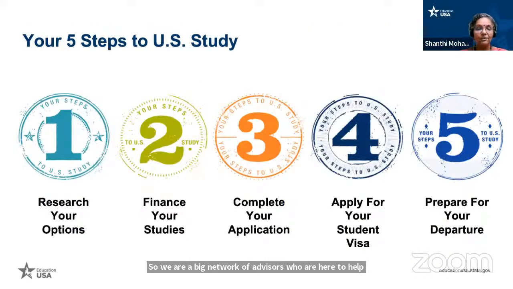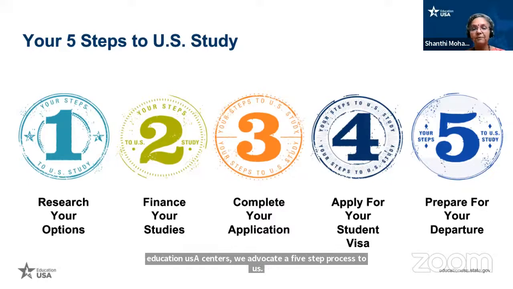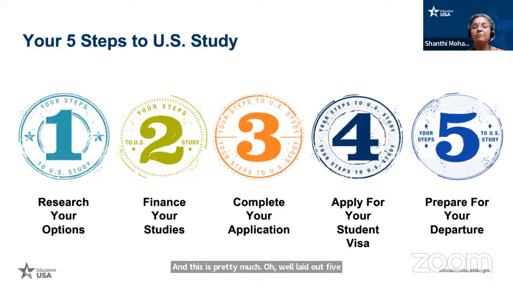At the Education USA Centers, we advocate a 5-step process to US higher education. This is a well laid out 5-step process, and if you are able to adhere to it alongside a stipulated timeline, I'm sure you will land in your dream school at the end of this process.